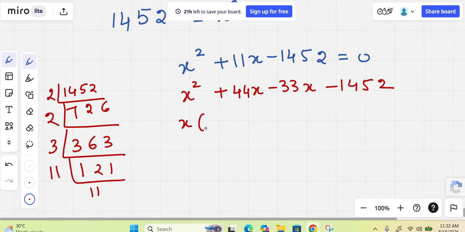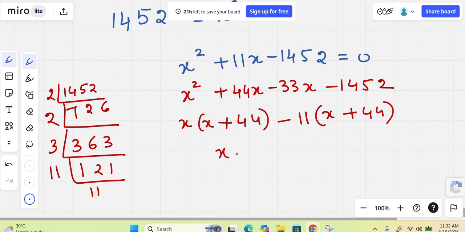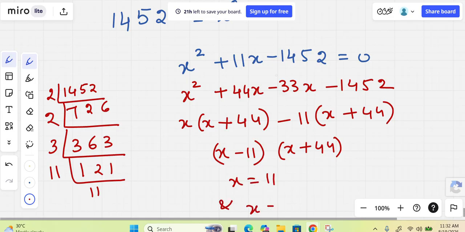So x is common. x plus 44 and x minus 11 is common. So x minus 11 and x plus 44. x is equal to 11 and x is equal to minus 44. Correct? So you can continue with x equal to 11.